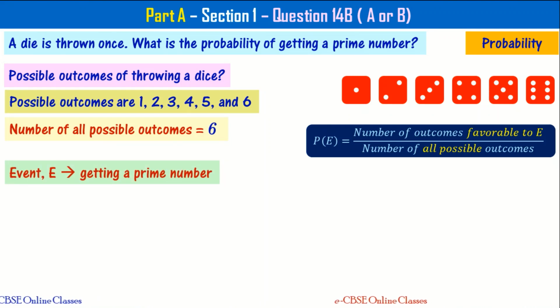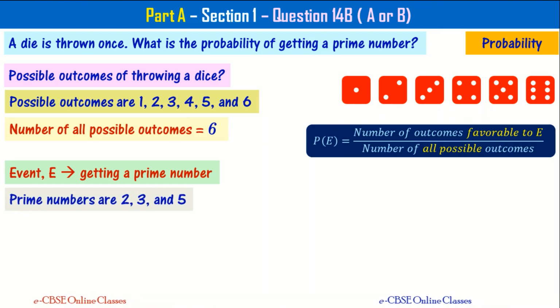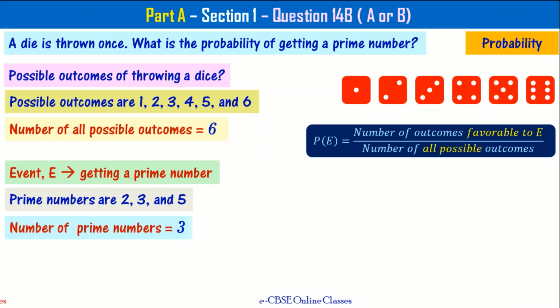So when you say the event is getting a prime number, we have to see what are the prime numbers among these numbers 1, 2, 3, 4, 5 and 6. So 2, 3 and 5 are the prime numbers from this list. It means that we have 3 prime numbers possible, right?